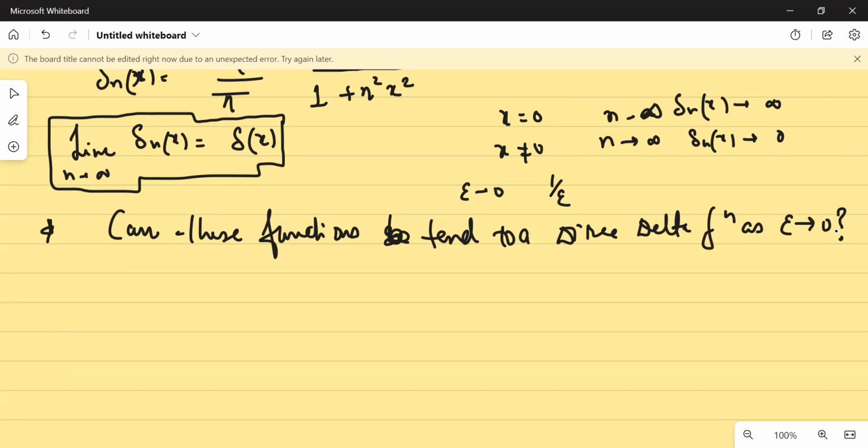So as epsilon tends to 0, does any of these functions which I'm going to write look as if it is a Dirac delta function? Let us see. So for example, I start with a function like this. Okay, this is the function.